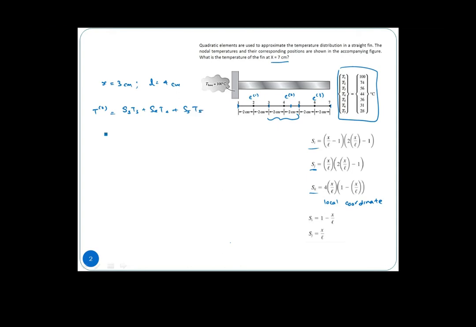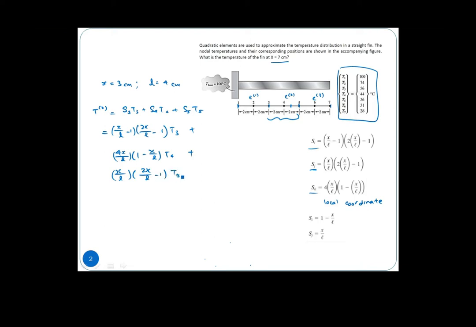Here we'll have x over L minus 1, times 2x over L minus 1, times T3, plus S4, which is 4x over L times 1 minus x over L, times T4, plus x over L times 2x over L minus 1, times T5.